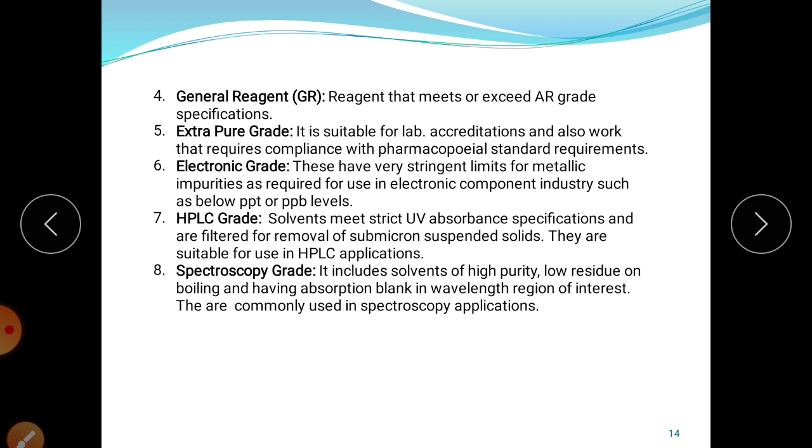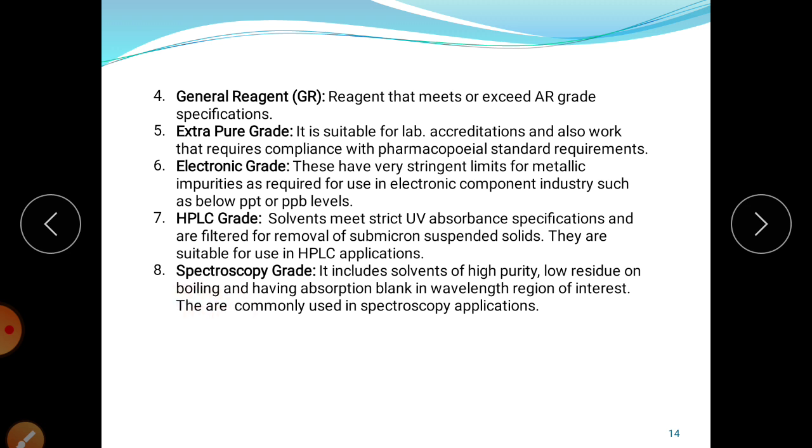As the detector used is UV, the solvent should be transparent to UV. Such solvents which are transparent to UV and free from suspended solids are the HPLC grade solvents used for HPLC applications.